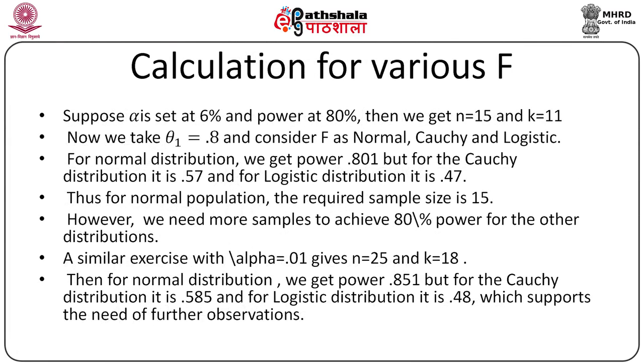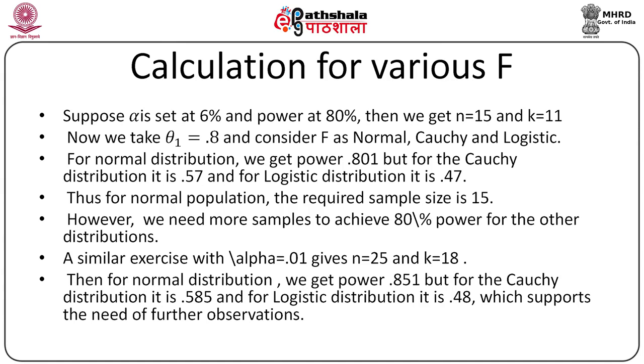A numerical example will be helpful to understand. Suppose alpha is set at 6% and power at 80%. Then, for n equal to 15, we get k equal to 11 satisfying the level alpha condition. Now, we set theta 1 equal to 0.8 and consider f as normal, Cauchy and logistic.